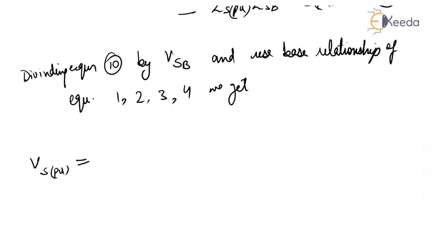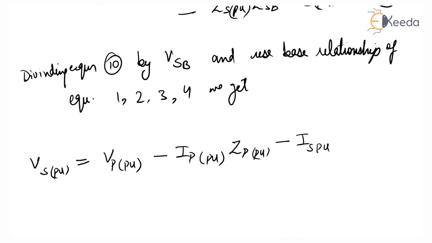Similarly for the other terms, so this is equal to Vp per unit minus Ip per unit Zp per unit minus Is per unit Zs per unit. So this is equation number 11.